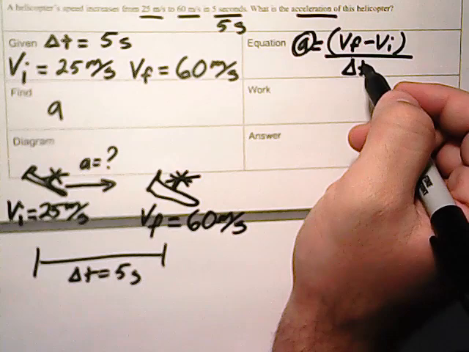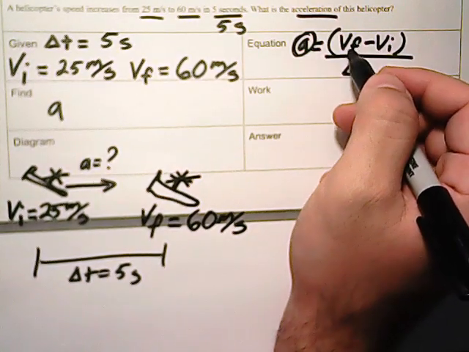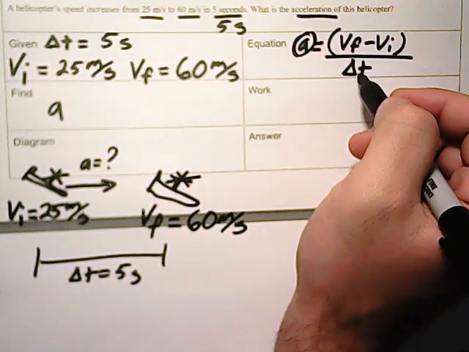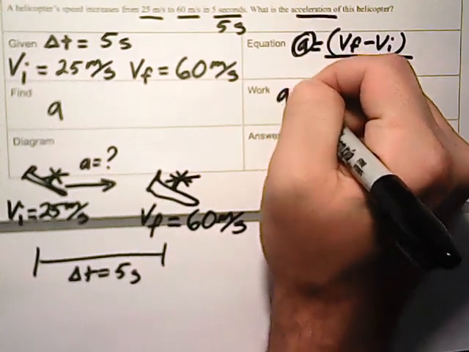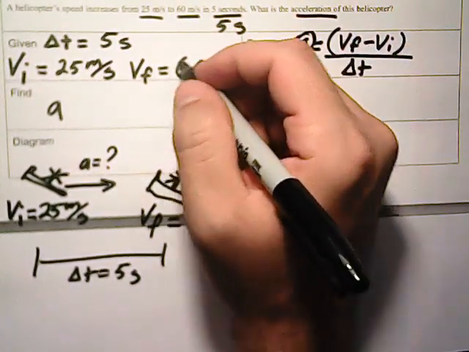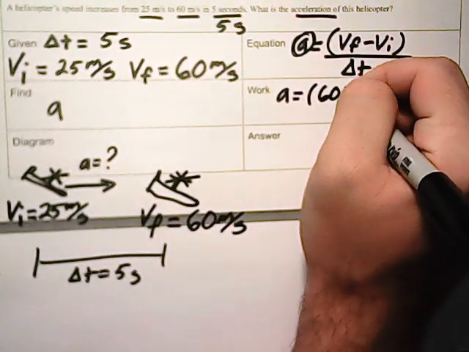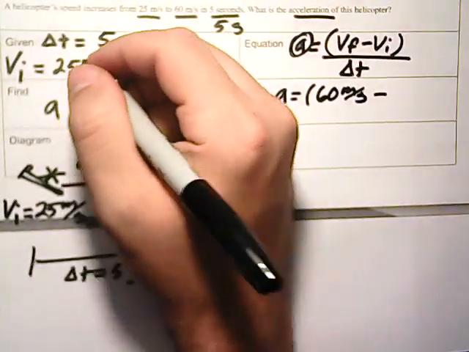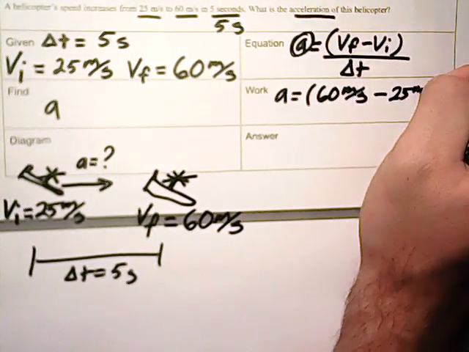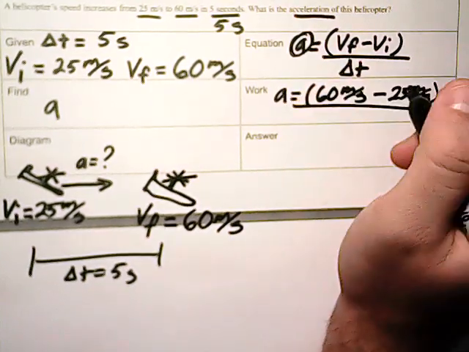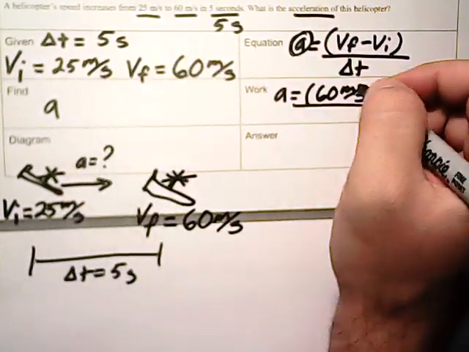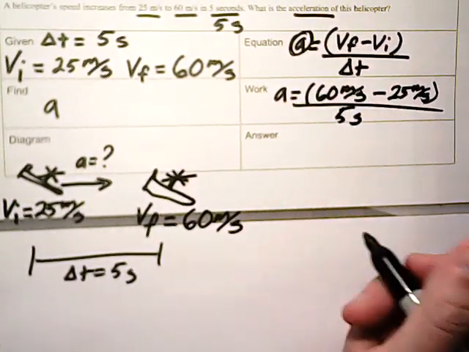We're just going to leave it as it is and plug in VF, VI, and delta t. So A is equal to VF, 60 meters per second, minus VI, 25 meters per second, divided by our delta t, which is 5 seconds.